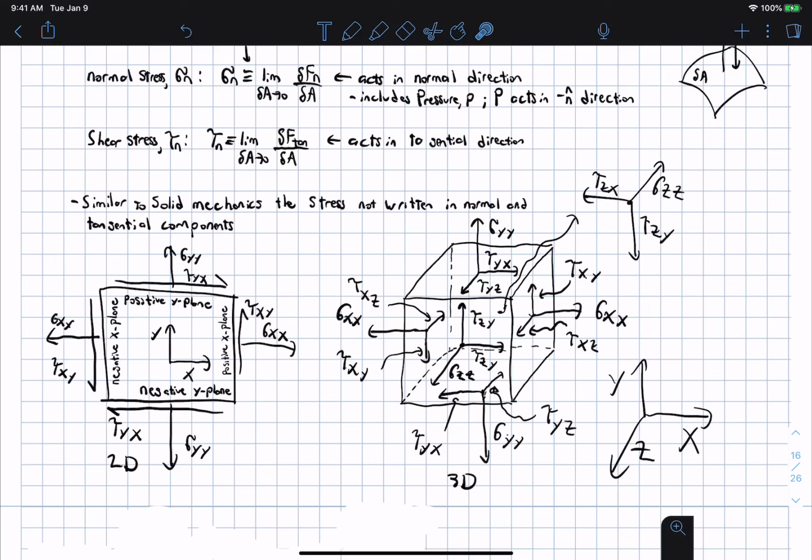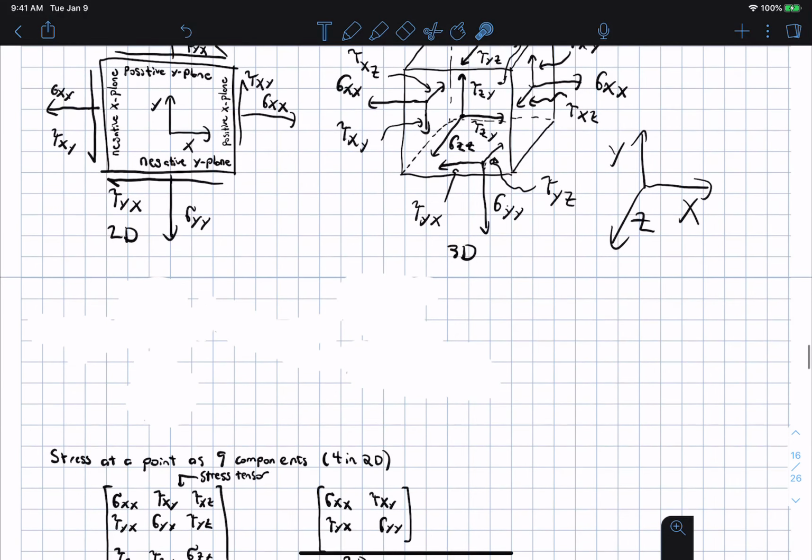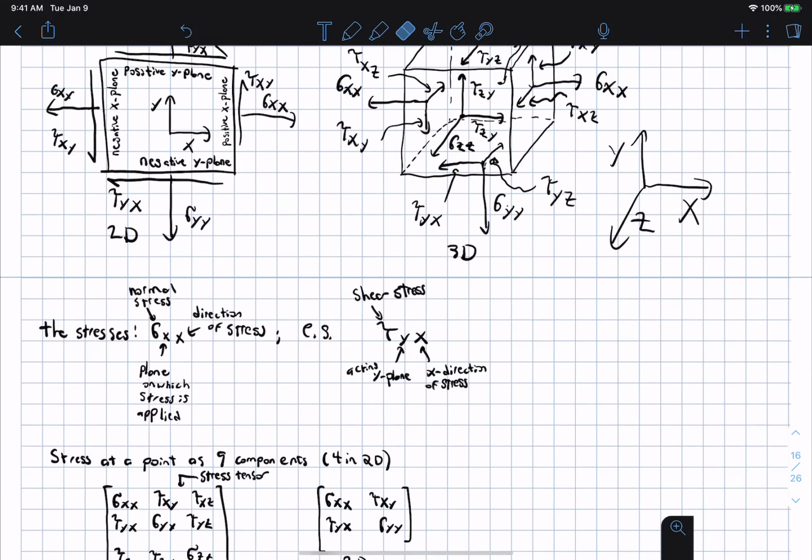These stresses are given by either sigma or tau to denote whether it's a shear or a normal stress. Notice here that I used sigma xx or tau xy.